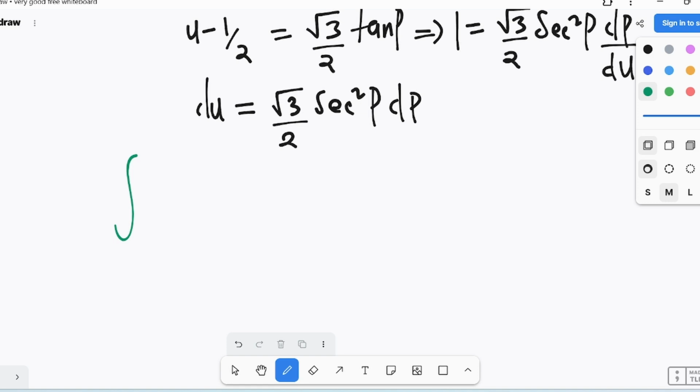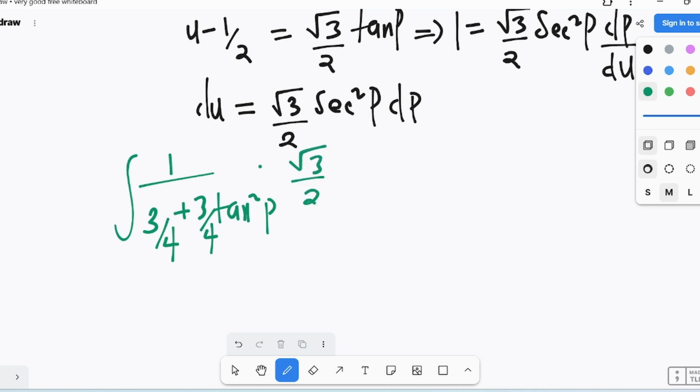the integral of 1 out of 3 out of 4 plus 3 out of 4 tan squared p times root of 3 out of 2 sec squared p dp is equal to the integral of 1 out of x dx.